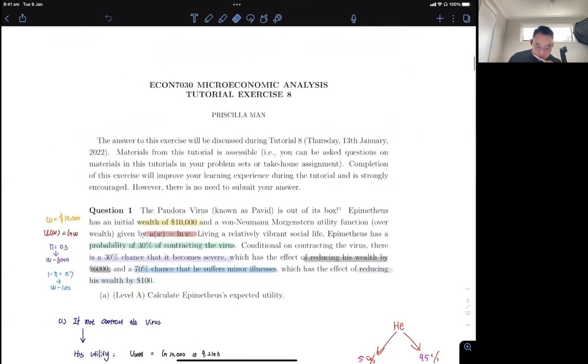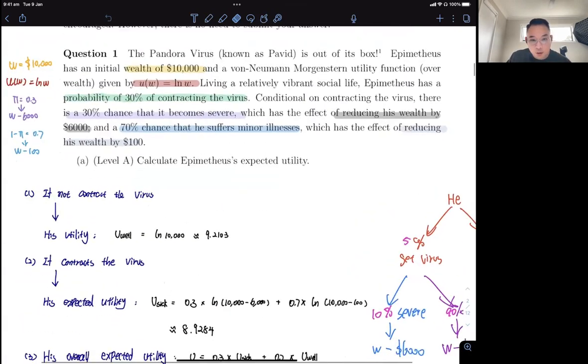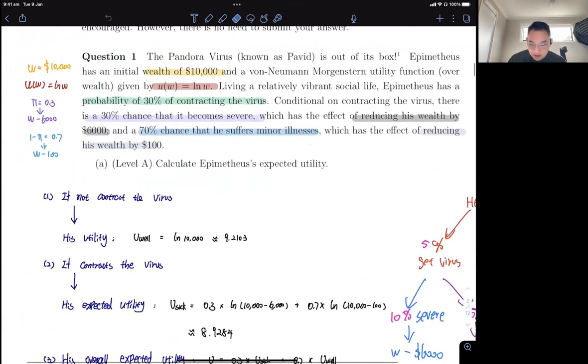In this question number one, we have a Pandora virus known as PAVID. It's out of the box. Ephesus has an initial wealth of $10,000 and a von Neumann Morgenstern utility function, or we know this is a Bernoulli function, over wealth given by U(W) = ln W. Living a repetitively vibrant social life, he has a probability of 30% of contracting the virus.